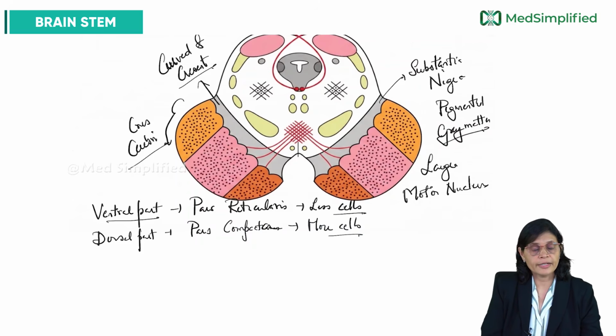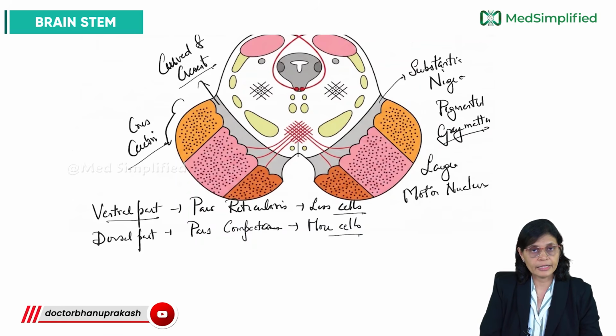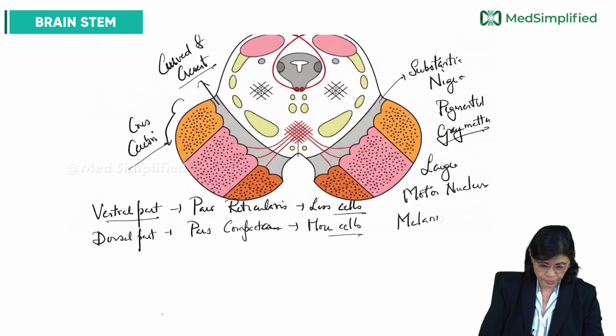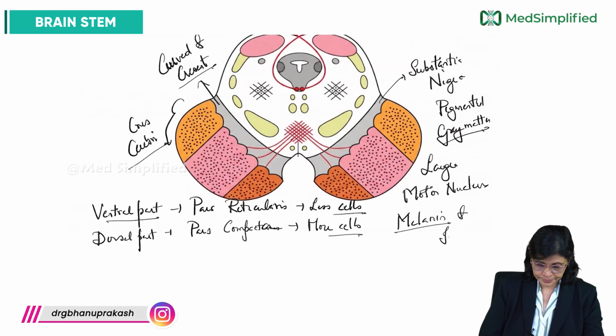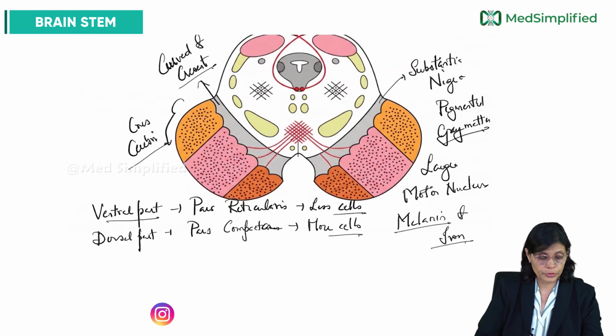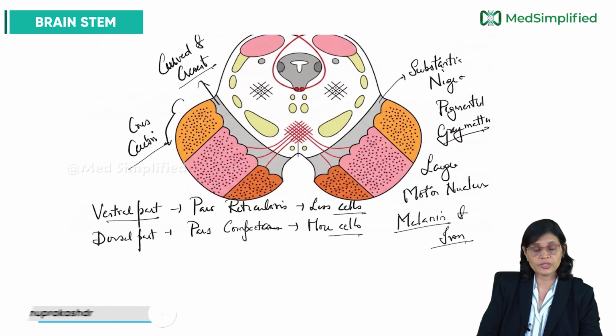So the substantia nigra is made up of deeply pigmented cells containing melanin. This melanin is a polymerized form of dopamine, and it also contains iron. These cells are important because they produce dopamine, which is carried through their fibers, the nigrostriatal fibers, from the substantia nigra to the corpus striatum.